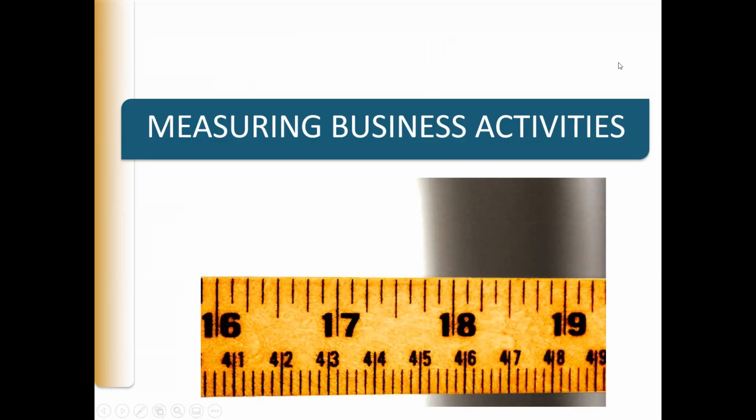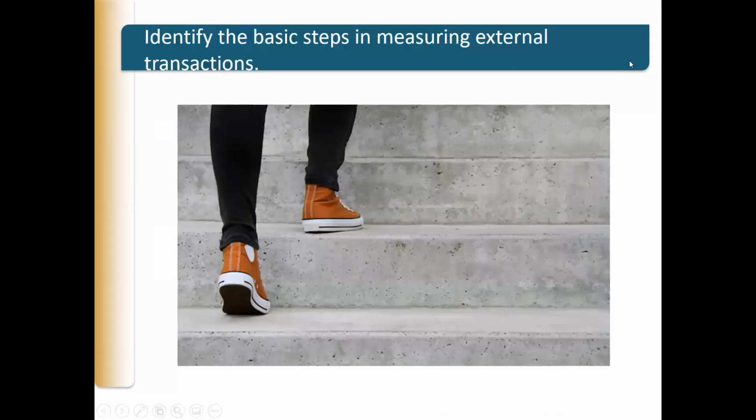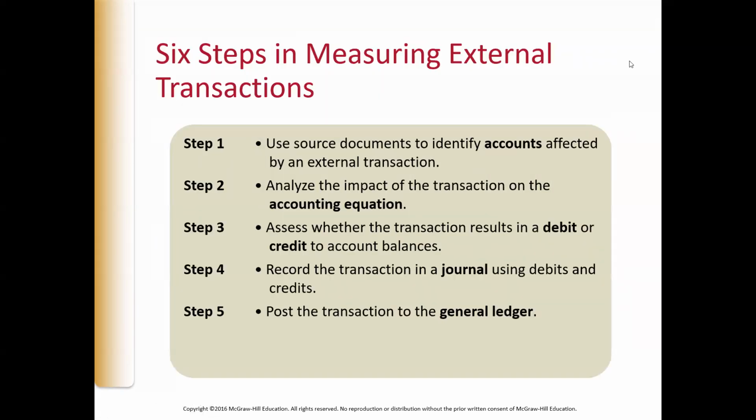So we are starting with measuring activities. We start by using what we call source documents to identify possible accounts affected by an external transaction. Then we look at the accounting equation and ask, how did this affect the accounting equation?